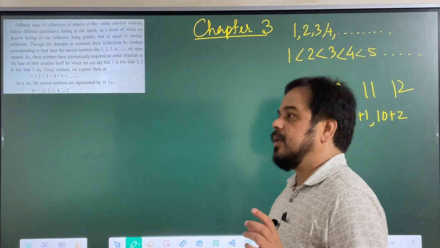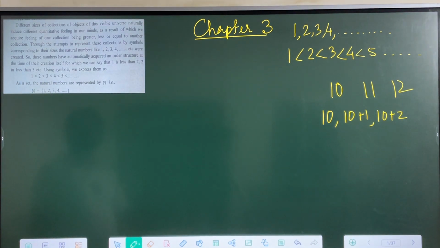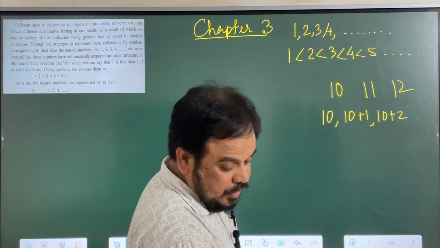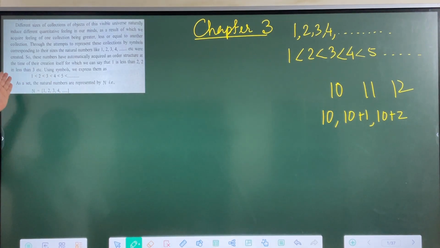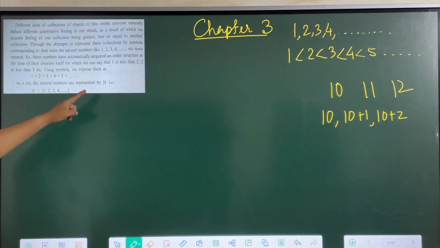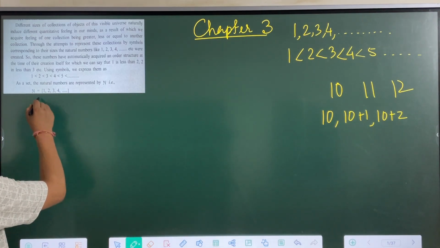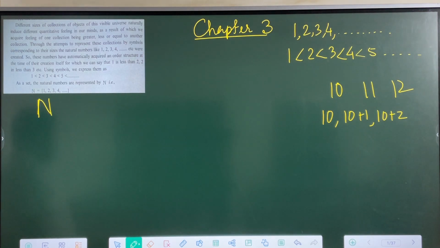On page number 98, it is written, the set of natural numbers. Using symbols, we express them as 1, 2, and so on. The natural numbers are represented by the capital letter N, that all of us know.